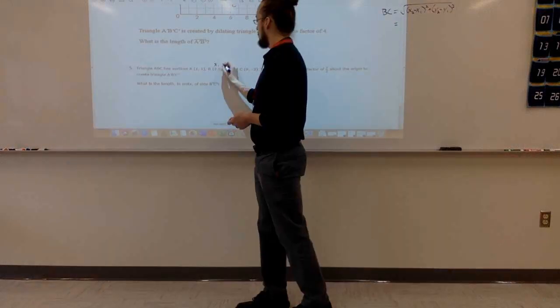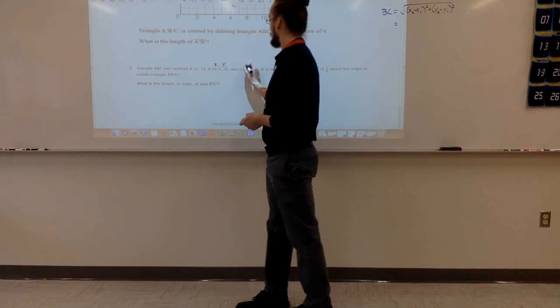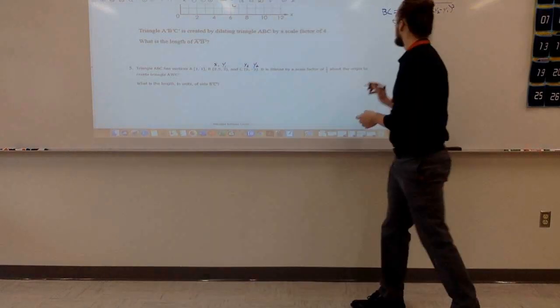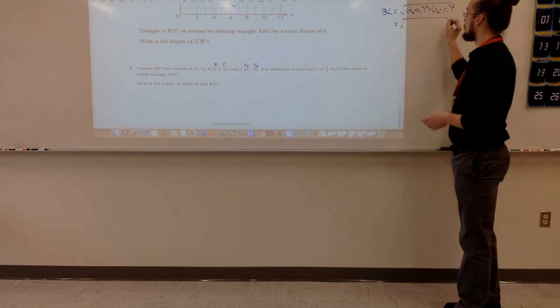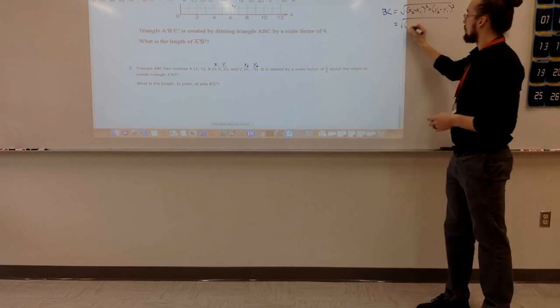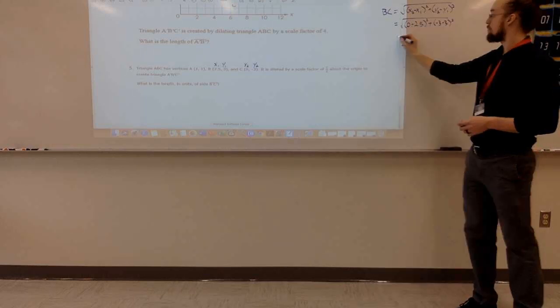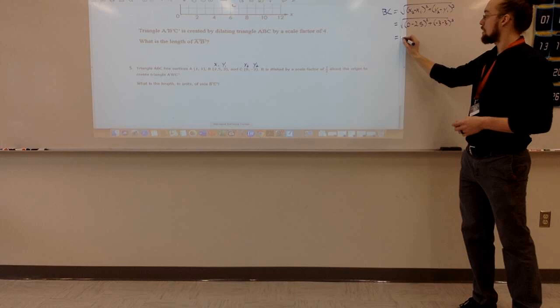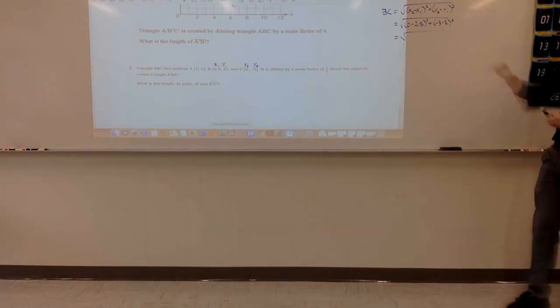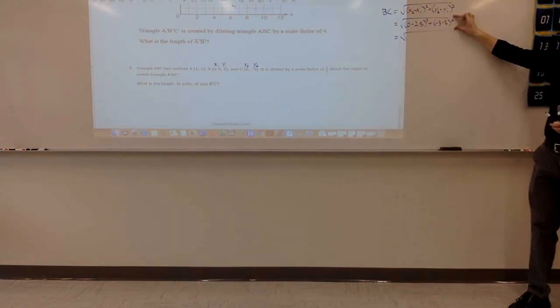So if we do x2 minus x1, we'll have 0 minus 2.5 plus negative 3 minus 3. So, and again, remember we talked about, I could just type this whole thing into the calculator as is, okay, as long as you're using all the correct parentheses and signs and everything. So if you feel comfortable, you can just type this whole thing into the calculator from here, okay? Or we can go ahead and simplify.